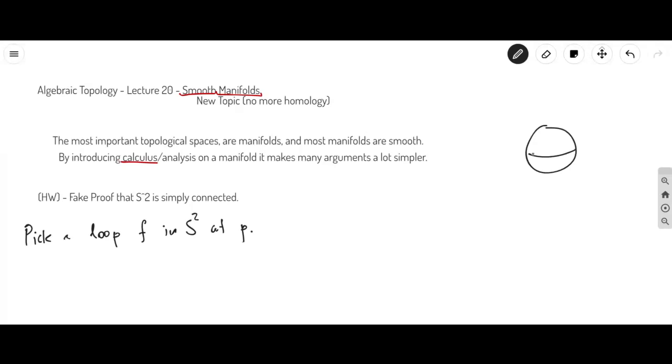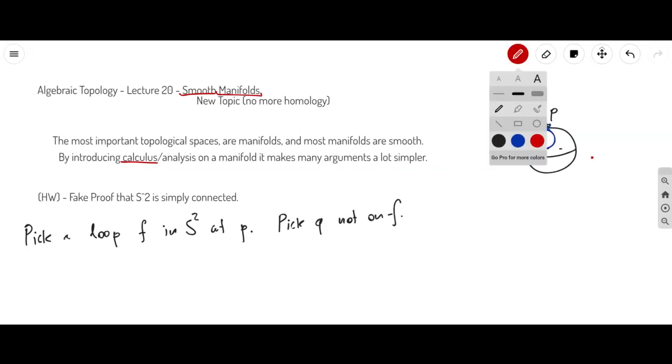Here's S2. You have some point, let's say it's the North Pole without loss of generality, and we have a closed loop, and we want to show that you can shrink that loop down to a point. Well, what you're going to do is pick a point Q not on F. You're going to pick a point that's not on the loop. Technically, we mean not on the image of the loop, if you want to be a little bit more specific.